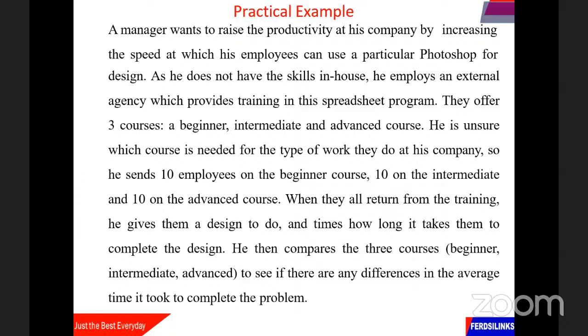They offer different courses: a beginner's level, an intermediate, and an advanced. After doing that, he is unsure which of the groups will perform better. So he conducts a small study by sampling about 10 of them. What am I trying to establish with this example? You can use this test when you have different categories, so long as the categories are more than 2.